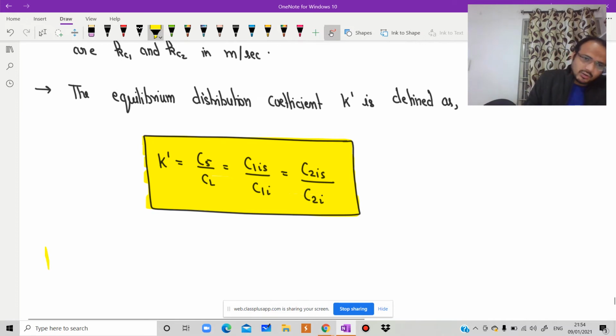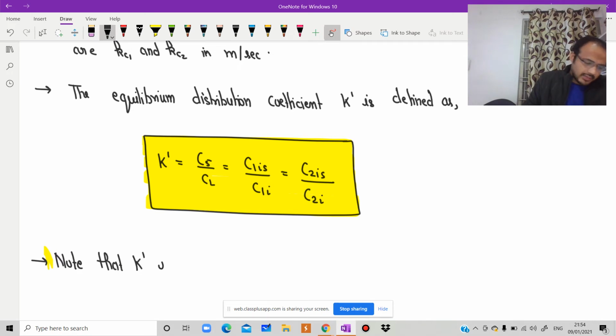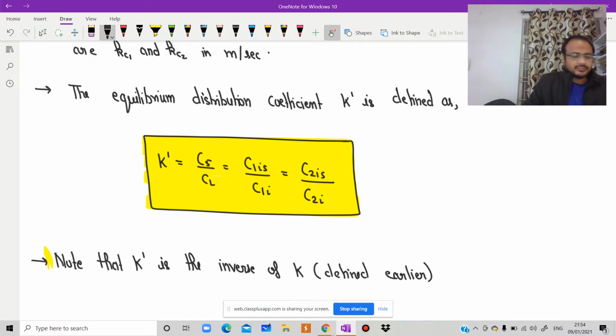Remember just one line, note that just for your sake of knowledge: this K prime is the inverse of K defined earlier.